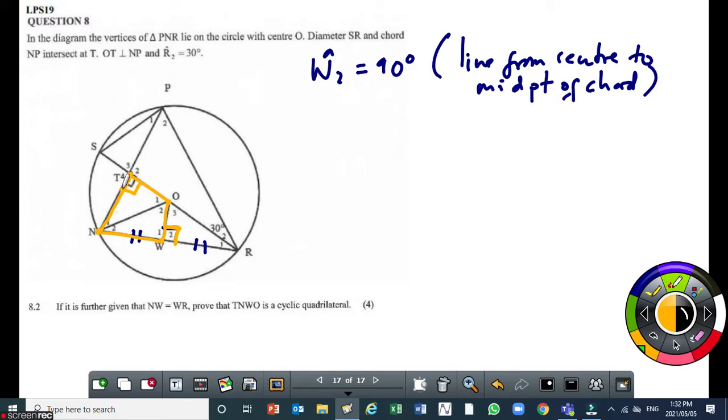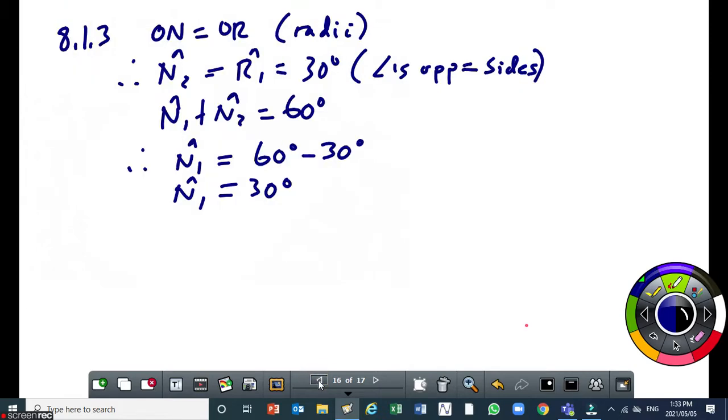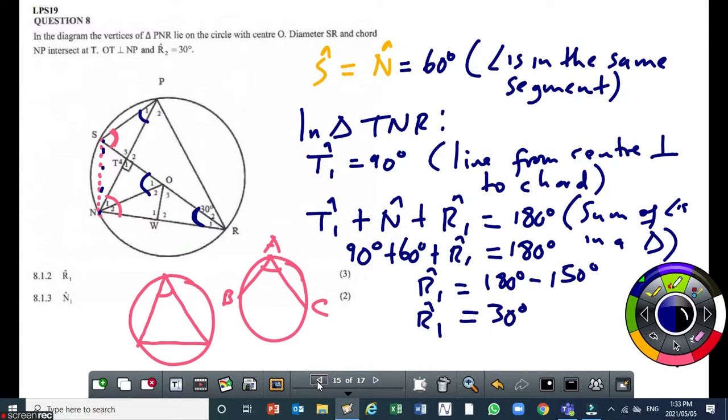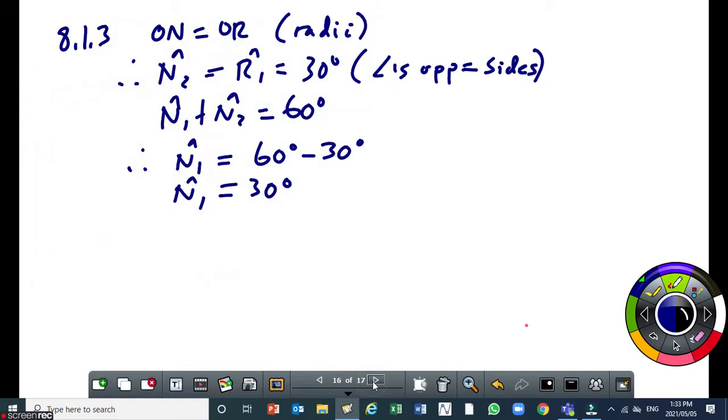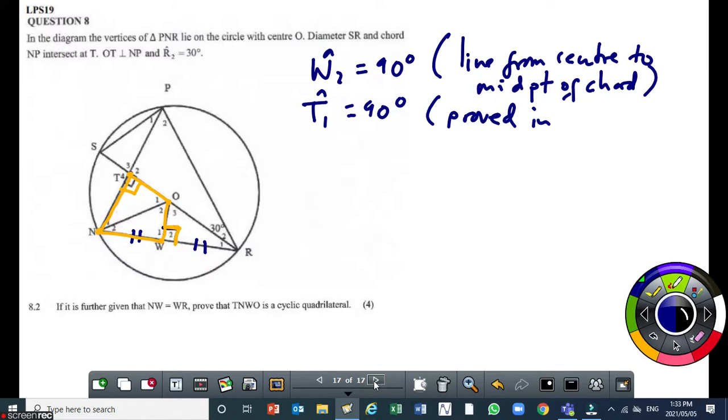So I'll say T1 is equal to 90 degrees. This was proved in which question? Let's go back. We proved that in 8.1.2, or you can say it's given, either of the two.